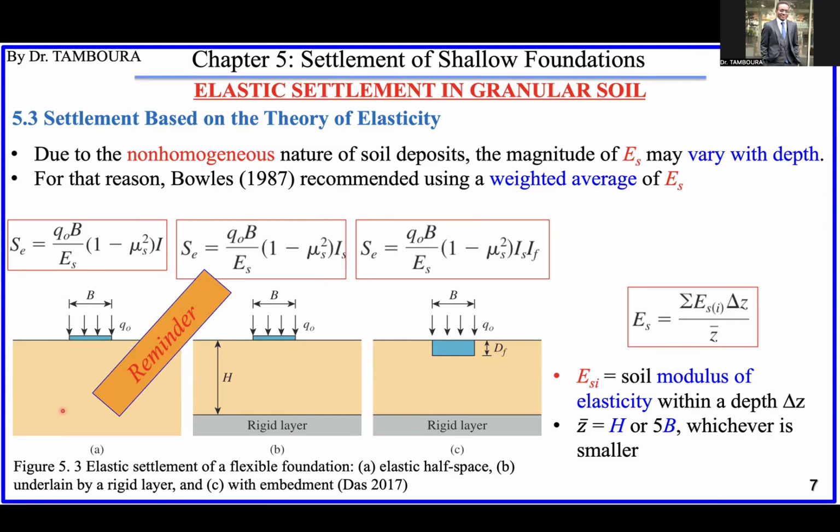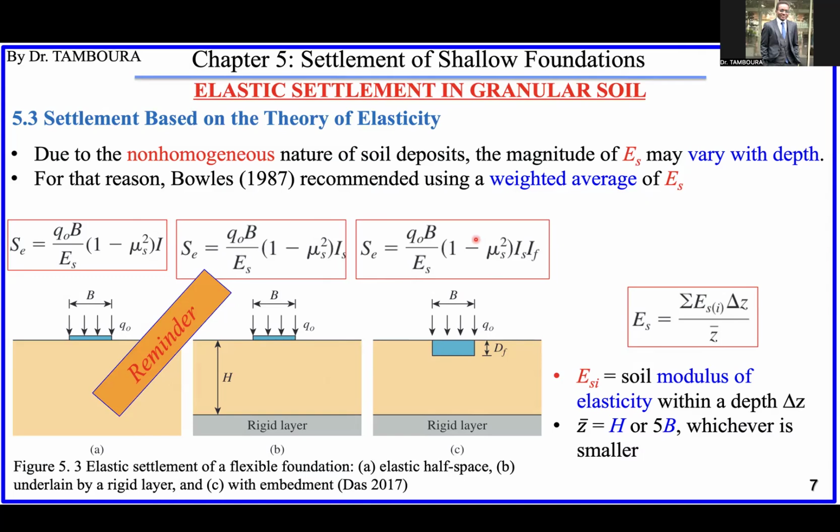Okay, surface footing, and this second one is when we have a rigid layer beneath the foundation at the depth H, but still surface footing. The third one is with embedded footing, and under that footing we have a rigid layer. Okay, so anyway, for each case we had one equation, and we talked about how to obtain all the parameters in these equations.